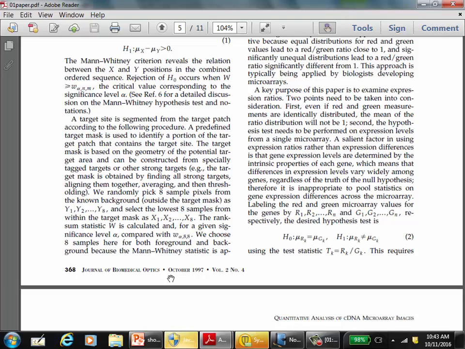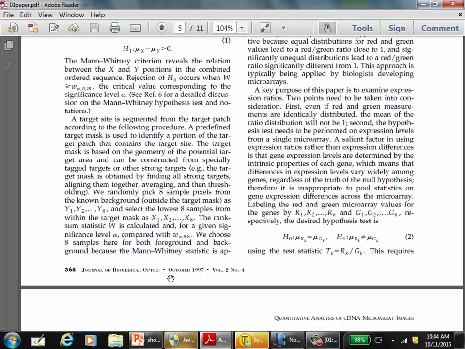And now you want to see if, with these samples, X1 through X8, all right, in the target mask, and with these samples from the background, Y1 through Y8, can I say that the mean of these Xi's, all right, is significantly higher than the mean of those Yi's, okay? That means this is significantly different from the background, right? So you can do that using the rank sum statistic, right? The rank sum statistic is calculated for a given significance level alpha, and you can set it, okay?